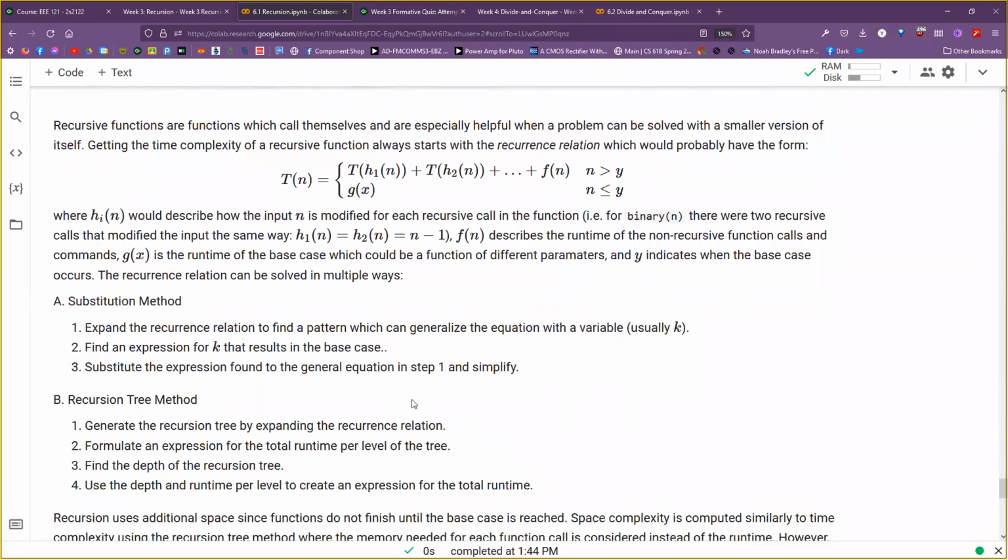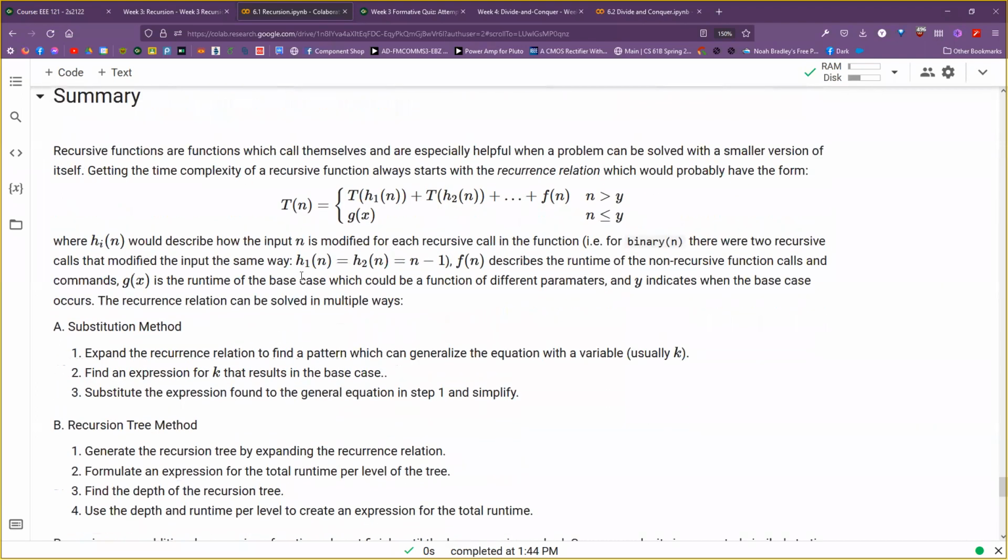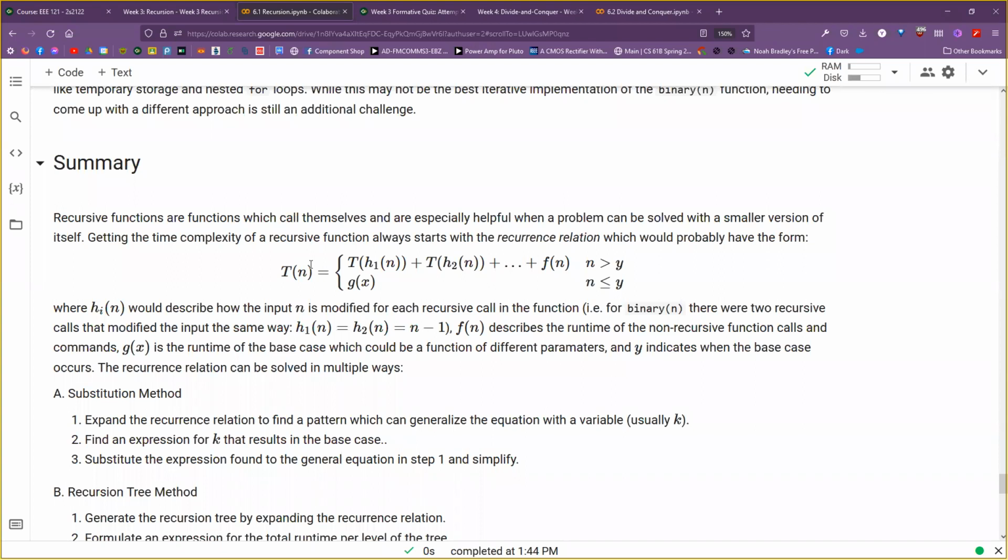So yun, ang summary lang, yung ating time complexity or recurrence relation din ng ating recursive functions, siya yung ginagamit natin to get yung kanyang time complexity. So yung general form niya is medyo generic. So yung una is yung recursive calls natin. It can vary kung ano yung function natin sa loob.